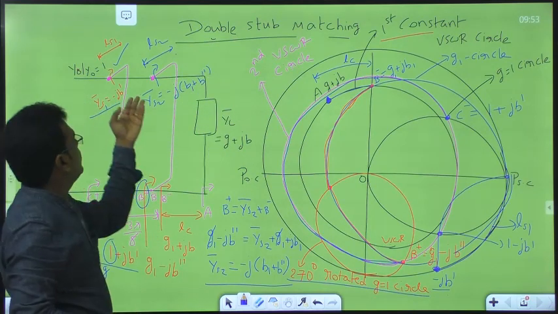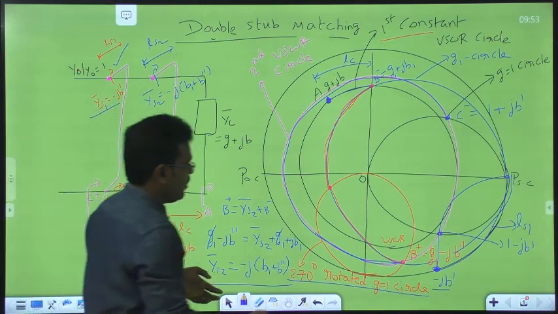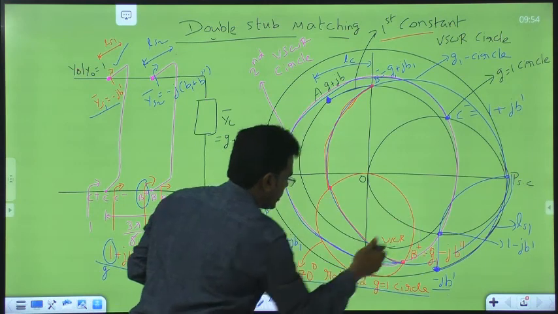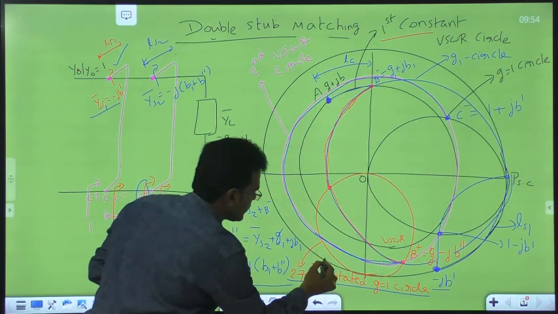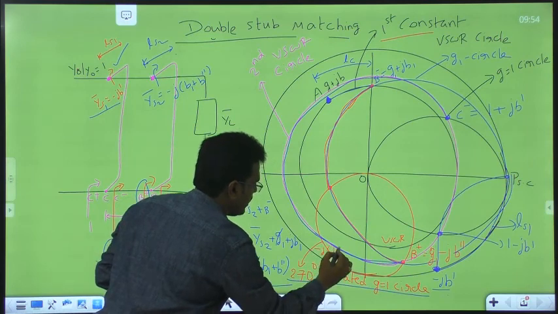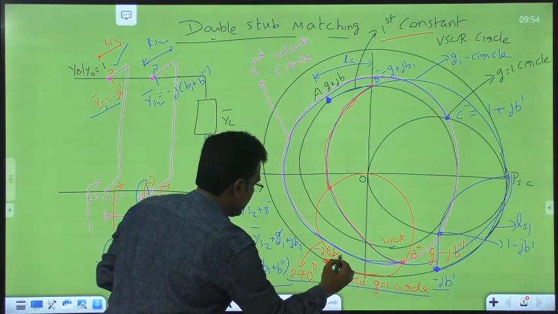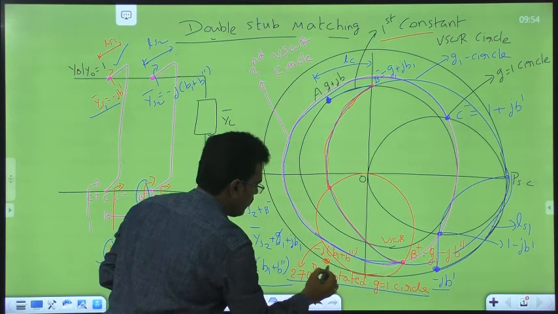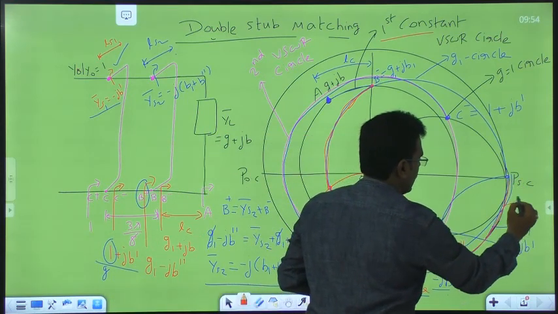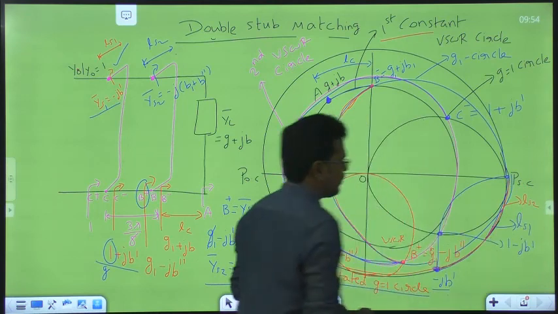To find the length of the step, plot the value of minus jB dash on the Smith chart. It may be at any place. So this is minus j into B1 plus B double dash. From this point to the short circuit point gives the length of step 2.